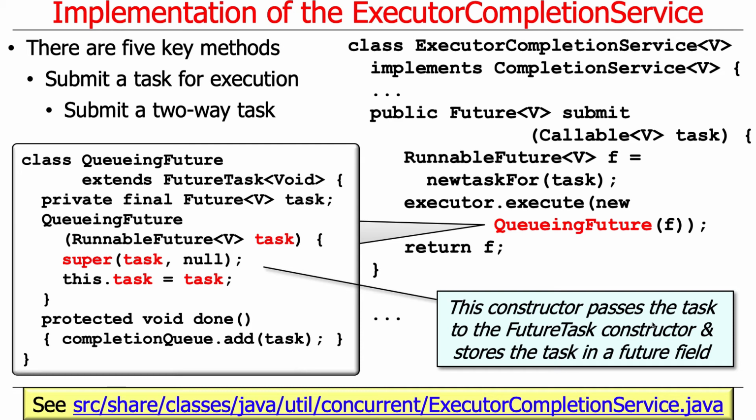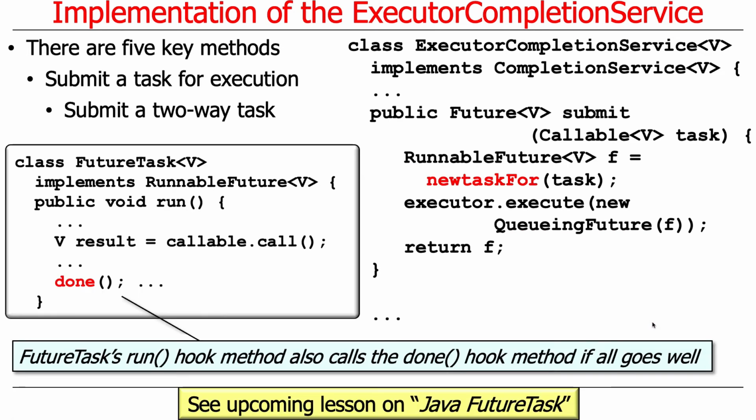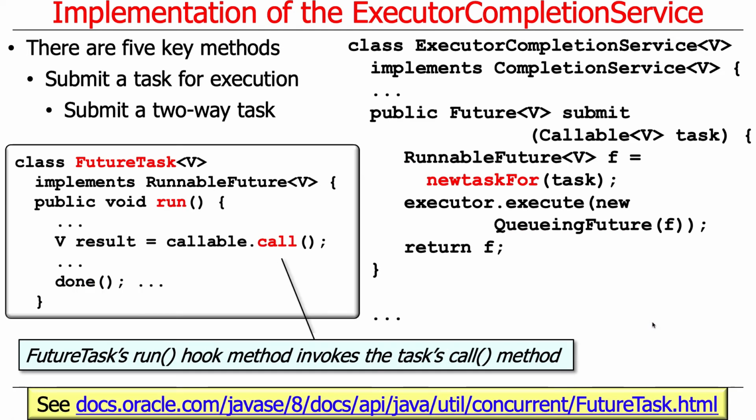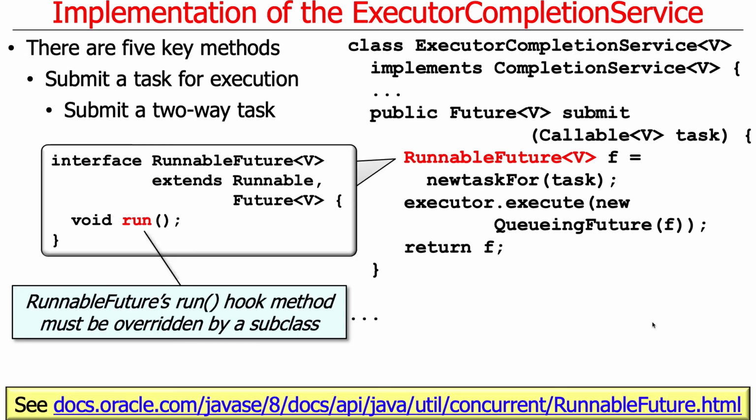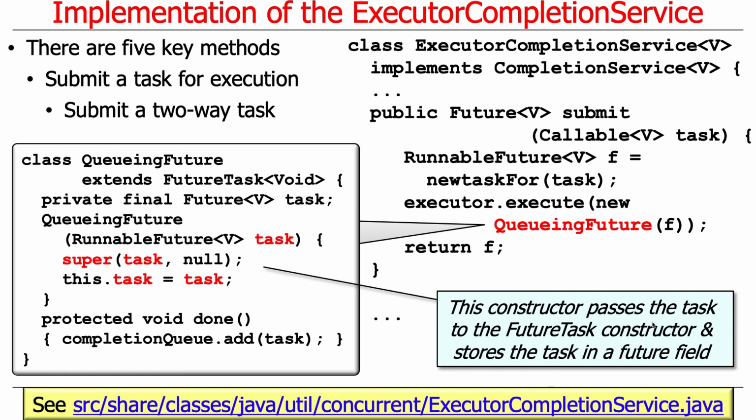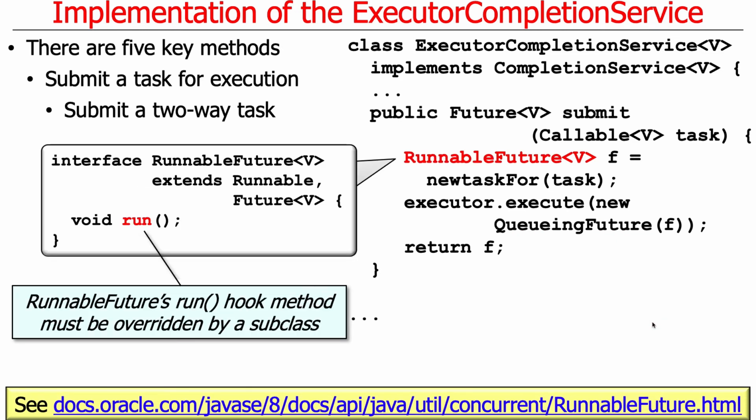And as you might expect, the run hook method of queuing future will basically be this method, which will do this. It'll call the call method on the original task. This is very much levels of indirection gone awry, or gone berserk. So basically, we're storing this thing in the task field. The run hook method, which we inherit, is going to dispatch the call to call.